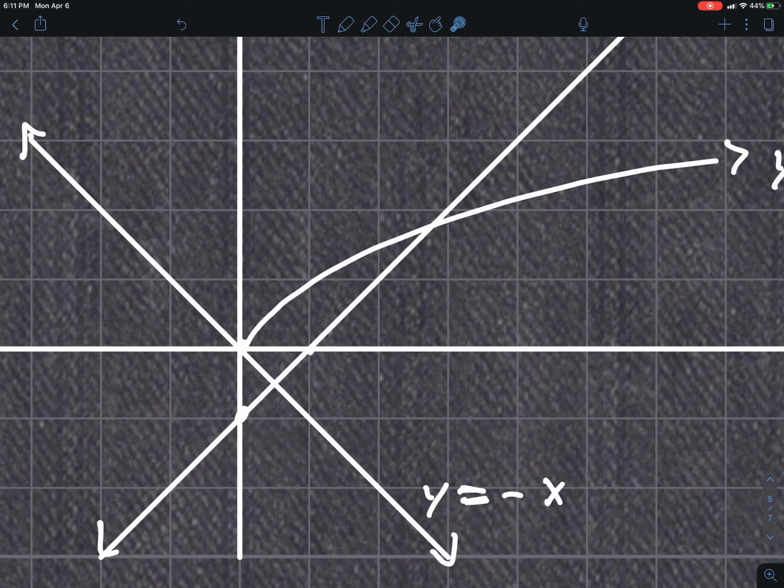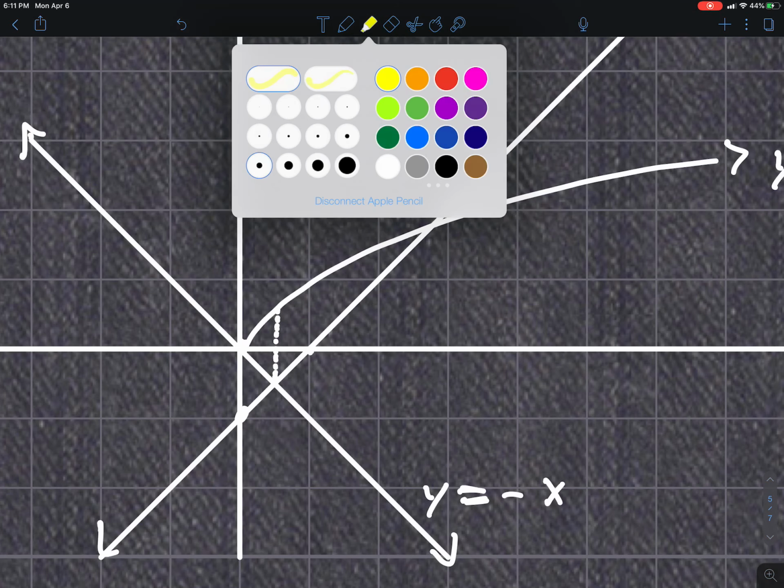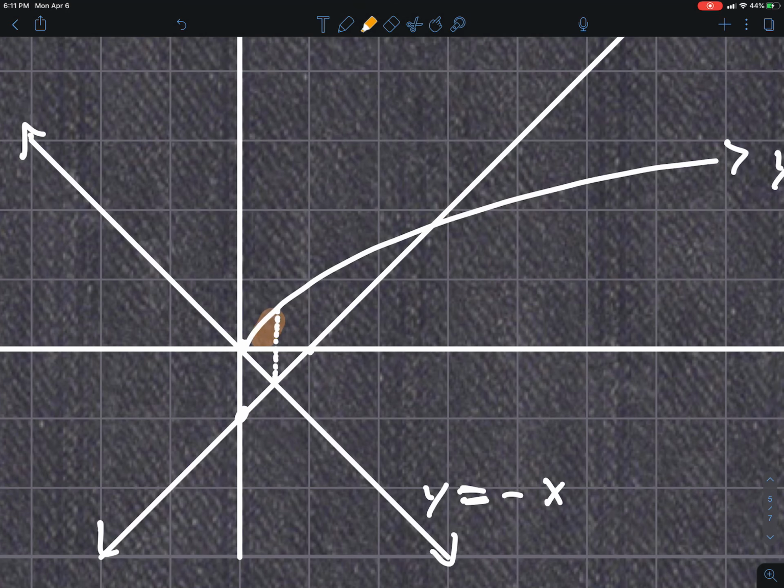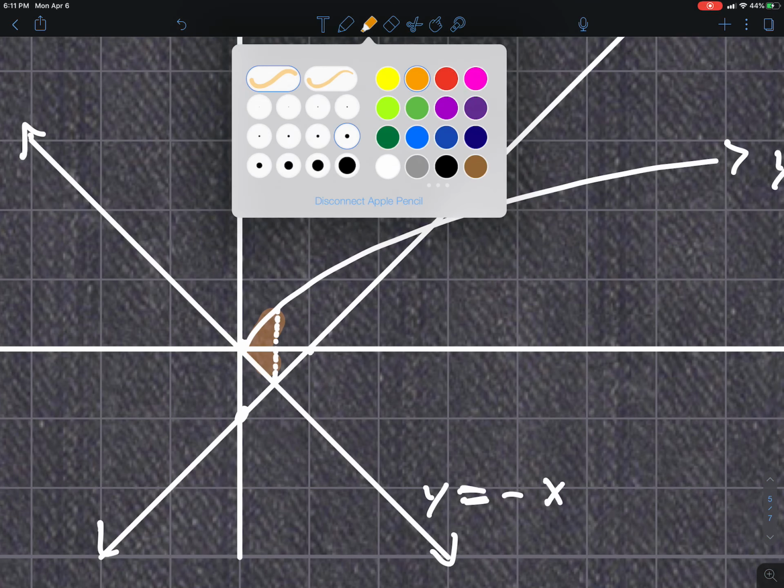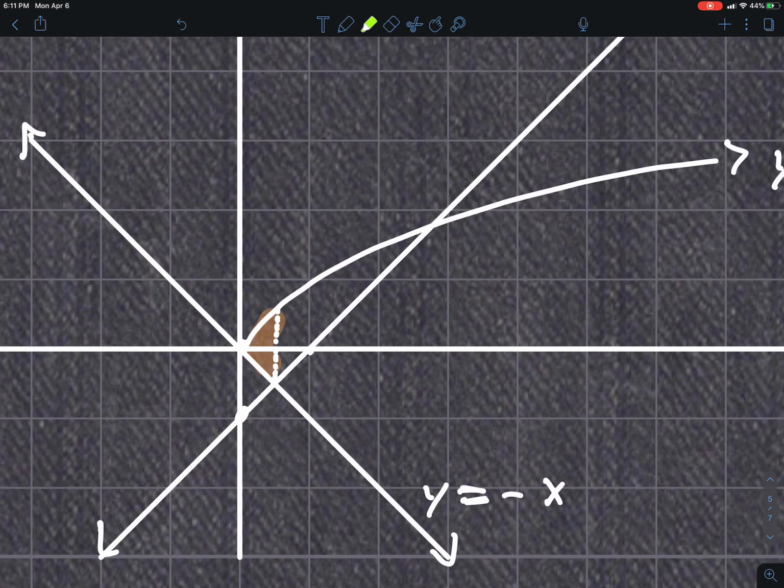So check this out. If you're going this direction, then you're going to end up with multiple regions. So it stops right there, and you have basically two different regions. You have this region here, and then you have this region here.